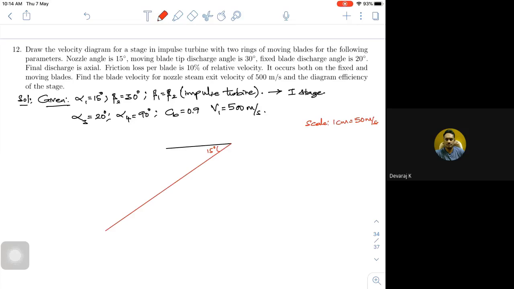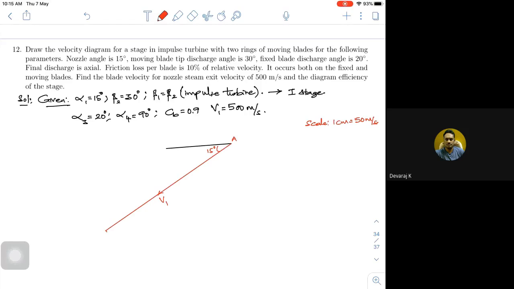Let's take 1 centimeter equal to 50 meters per second, so this is 10 centimeters. Let me call this point A. From A, take 10 centimeters and cut it, which is equal to 500 meters per second. So this is your B1.